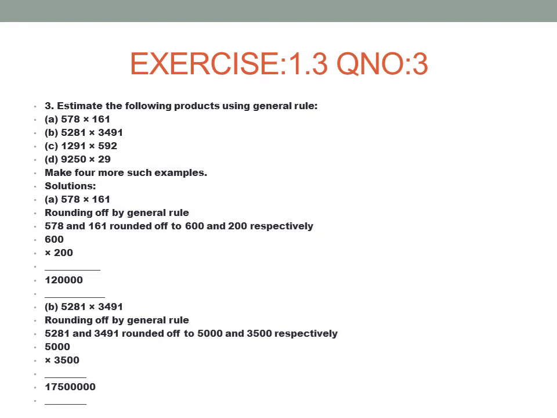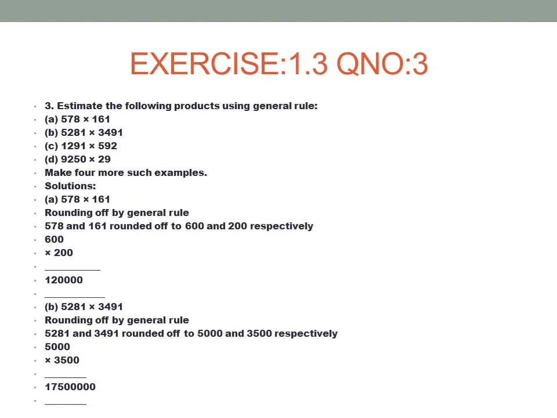But if we take 3,000, the estimation becomes less than the accurate result. So in the product only, when we are finding the product, this option is there that we use 3,500, whereas in addition and subtraction, we round off to the nearest 1,000 only. I hope it is clear.